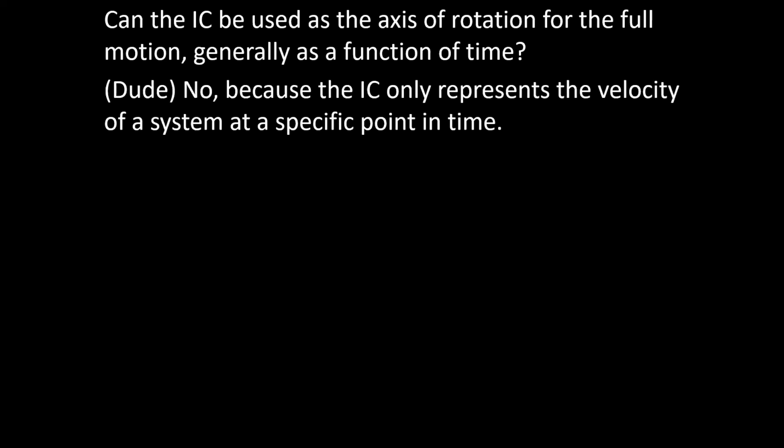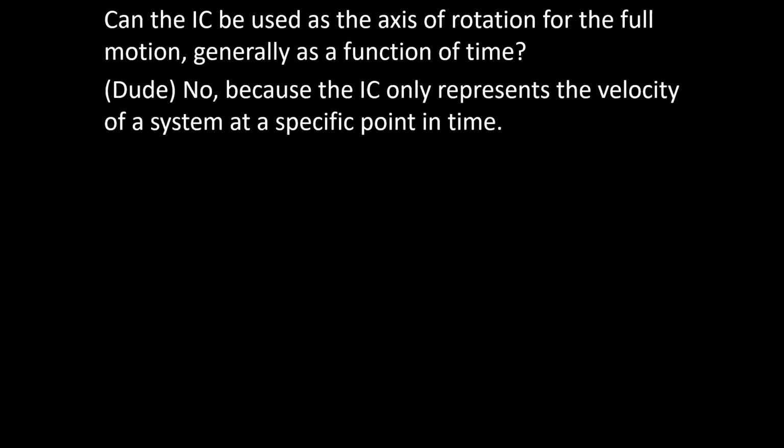Now, there's some subtlety here, which we are not going to really get into in the examples. Generally you can treat something as rotating about a fixed axis, but then you have to consider translation plus rotation.